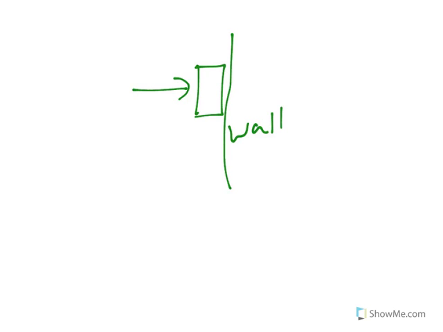If I am pushing a block against a wall, which way do you think the friction force will act? Well, the force of gravity is going to want to pull it down. So its natural movement would be to go downward. So which way does friction act? Friction acts up, to counteract the force of gravity, to counteract movement.